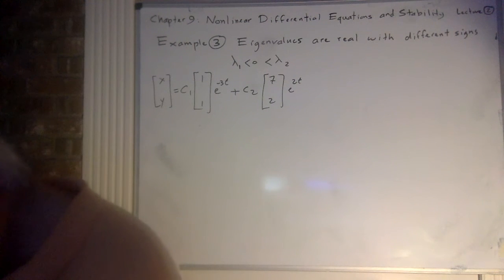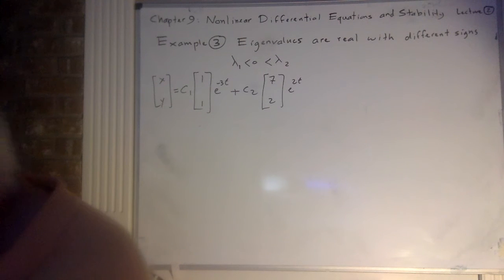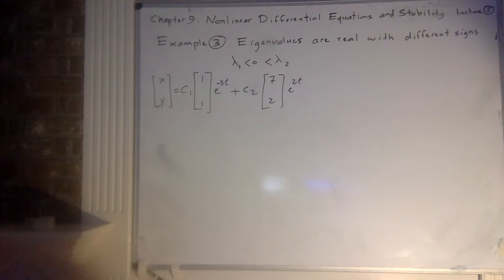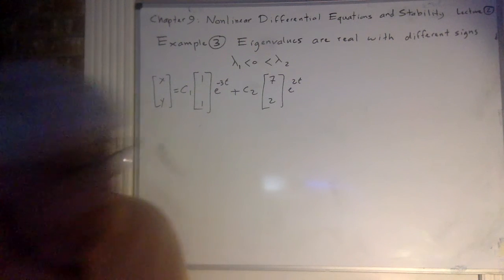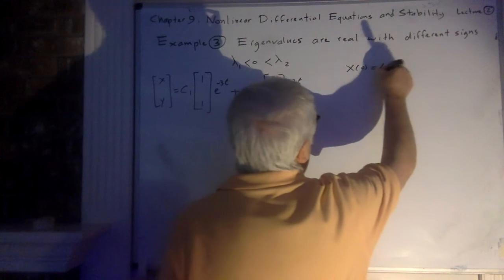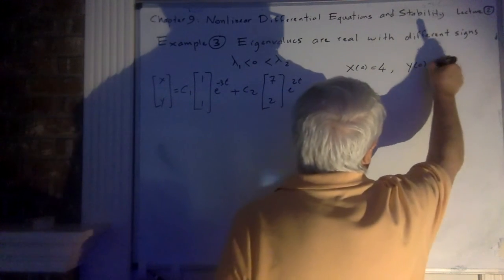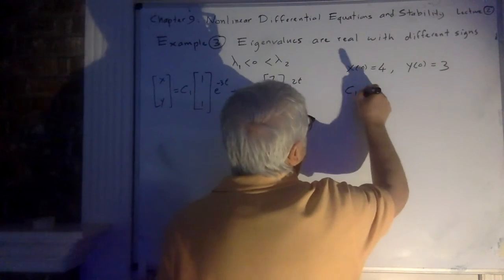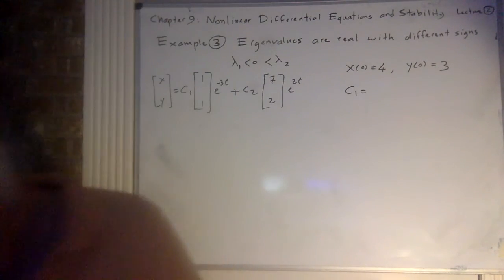Well, I chose some initial condition. Let me see what the initial condition we picked. Oh, okay, so 4 and 3. So x0 is 4, y0 is 3, and that gave me c1 equal to 13 over 5 and c2 equal to 1/5.